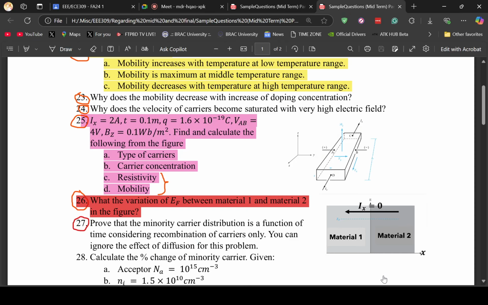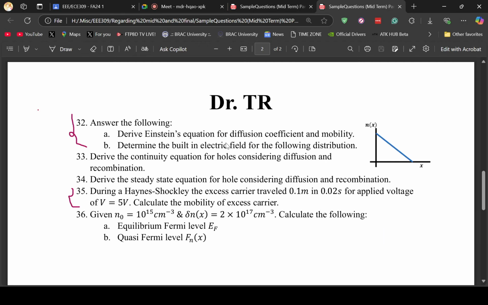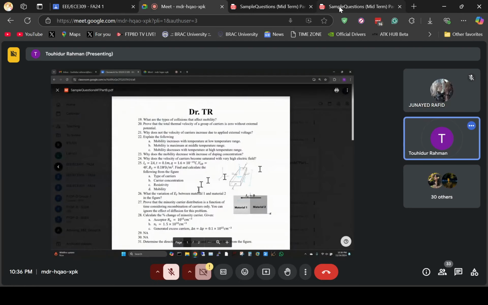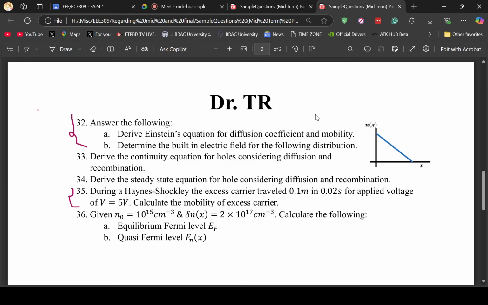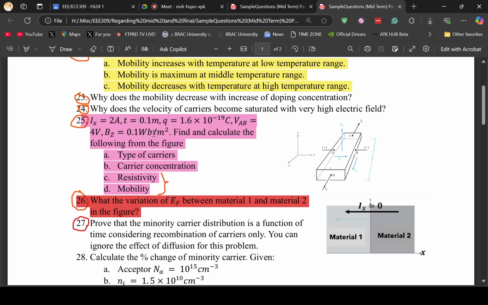Sir, question 32. 32. Okay. So here we have question number 32. Answer the following. Derive the Einstein's equation for diffusion coefficient and mobility. And it would be from lecture number 4, I guess.